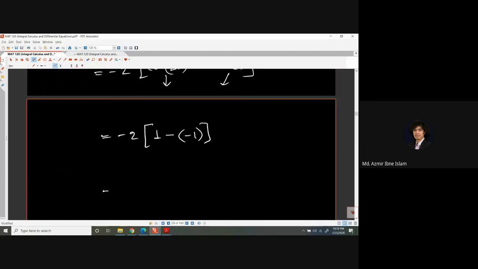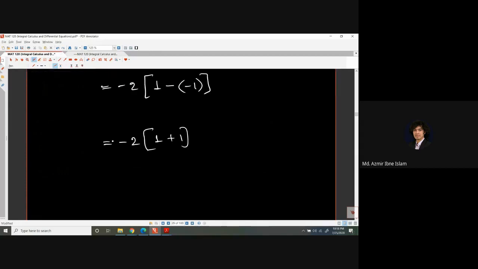So finally we can solve: negative 2 times 1 plus 1, negative, negative, positive. So we are getting negative 4. This is the result for our given definite integral from pi squared to 4 pi squared of 1 over root x sine root x dx. So negative 4 is the answer.